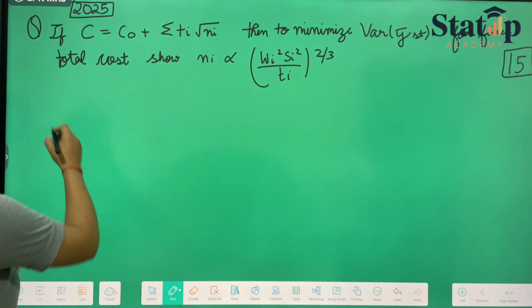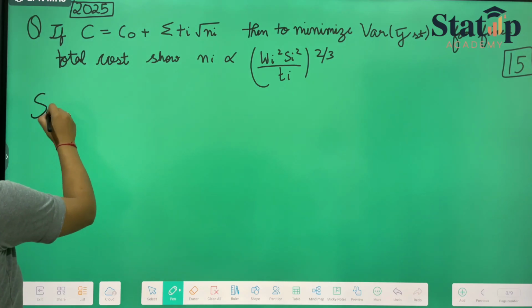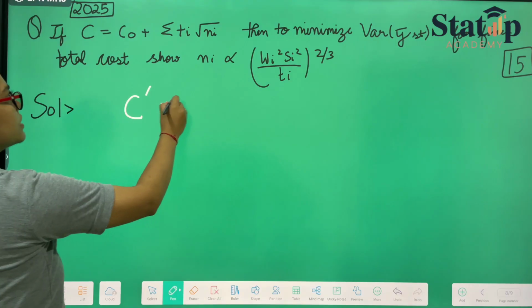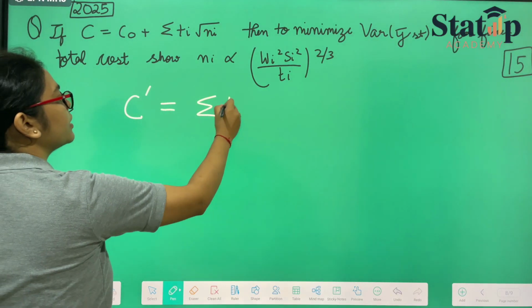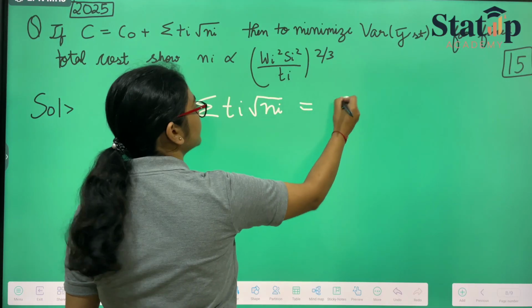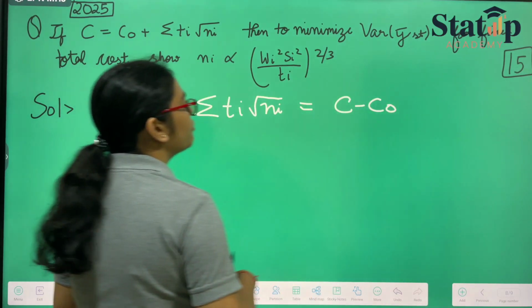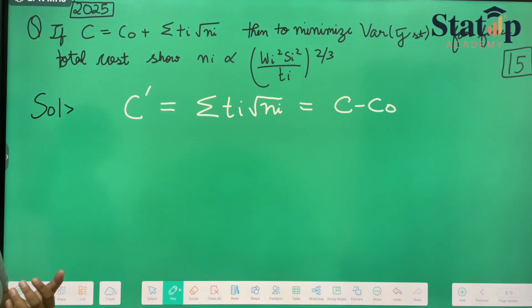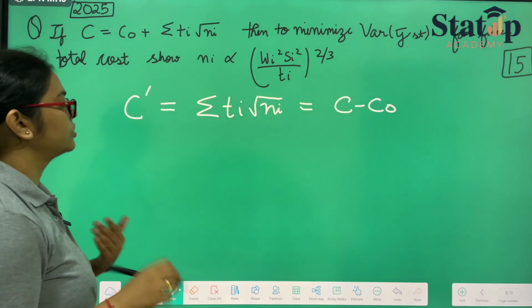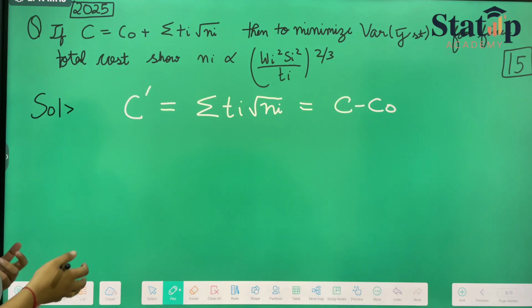So let us say the fixed cost is nothing but summation Ti under root Ni, or we can say that it is nothing but C minus C naught. For this fixed cost, we have done all of this in optimum allocation. If you remember, first we fixed cost, then minimize variance, and then we fixed variance and minimize cost. So here we take Lagrangian form.